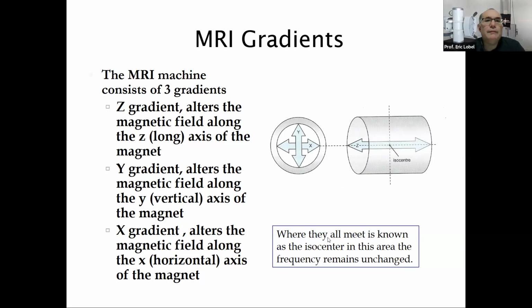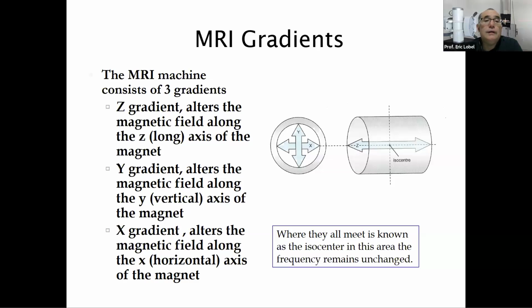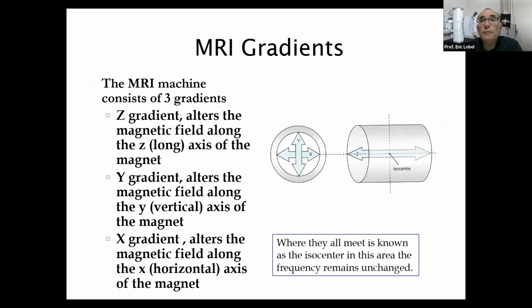So again, we have the Z gradient. The Z gradient specifically goes from the top of your head to the bottom of your feet, so it's the long axis of the body.